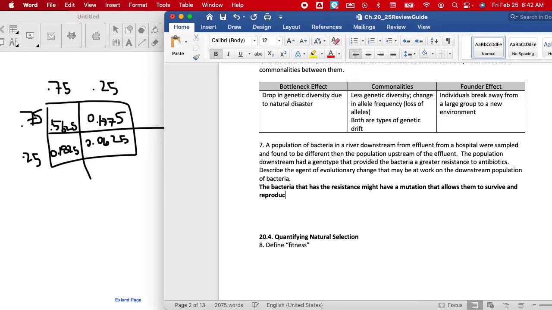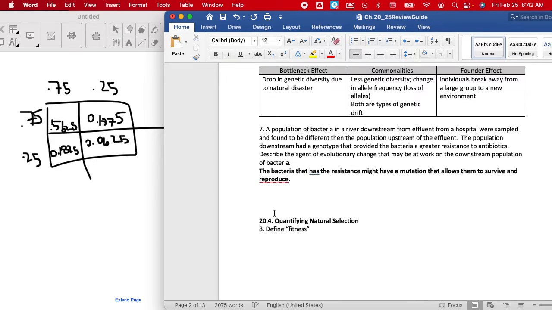Reproduce. I still spelled it wrong. Reproduce. I don't know. Microsoft Word, come on, man.